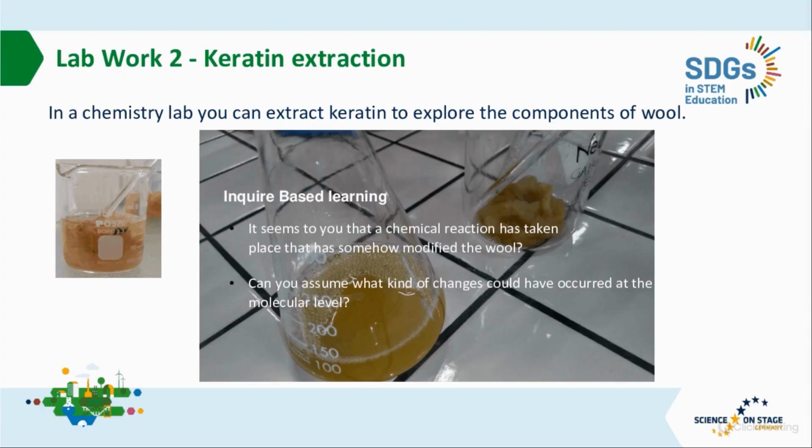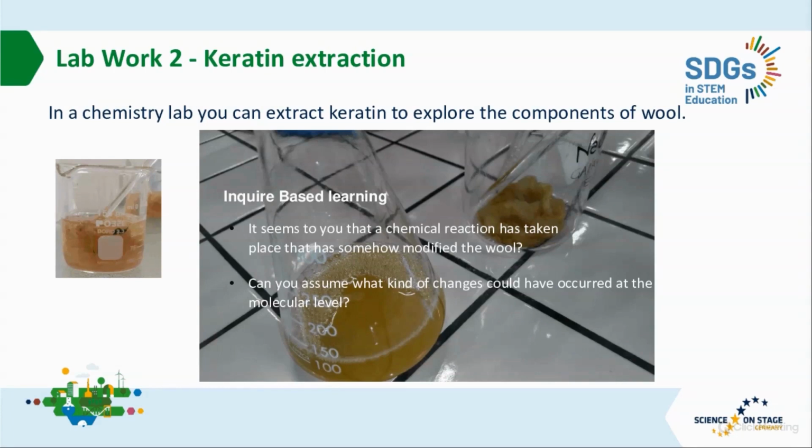After this, the first laboratory activities and chemistry labs. This is a simple activity, the extraction of the keratin from the wool using hydroxide. It's simple, but it's better to use a hood because of the smell of the keratin solution.